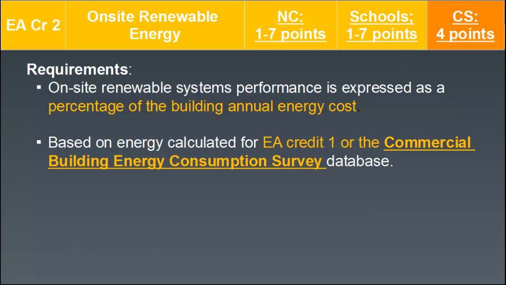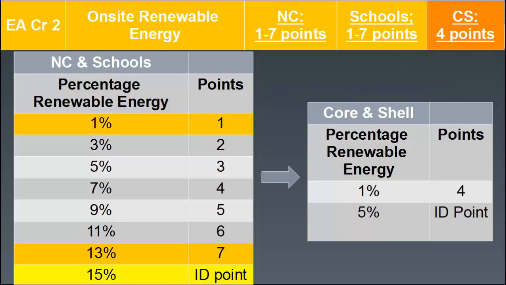It's based on energy calculated for EA Credit 1 or the Commercial Building Energy Consumption Survey database, since the prescriptive paths do not include energy costs, which this is based on. There are 1 to 7 points available for new construction and schools, and for Core and Shell there are 4 points available. It's based on a percentage of renewable energy based on annual consumption costs.